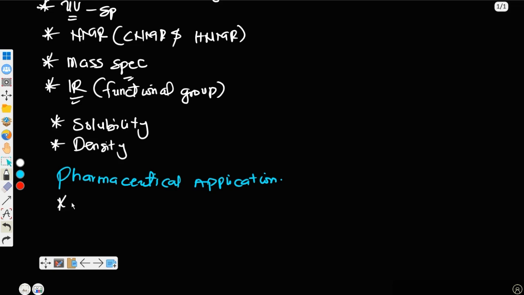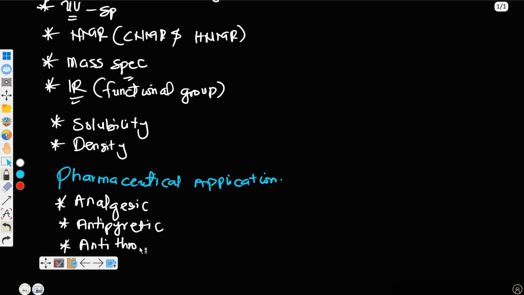The one that we know is that aspirin is an analgesic. It also has antipyretic property, right? It prevents fever, and also antithrombotic because it prevents platelet aggregation. Is that okay? Or you can say antithrombosis, prevent platelet aggregation.